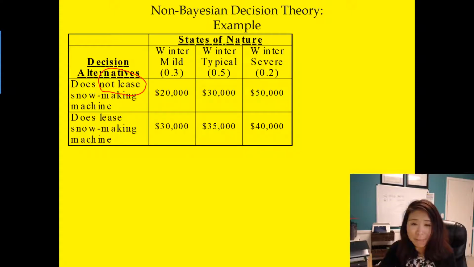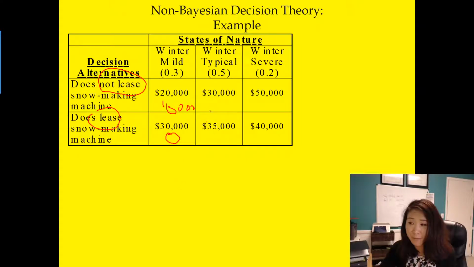Now you only make 20,000. So therefore, you do feel regret. By how much? By 10,000. So the $10,000 is going to be your regret. However, if you chose leasing and the winter is mild, will you feel any regret? The answer is no. You got the highest you can get, 30,000. So therefore, the regret or loss will be 0.